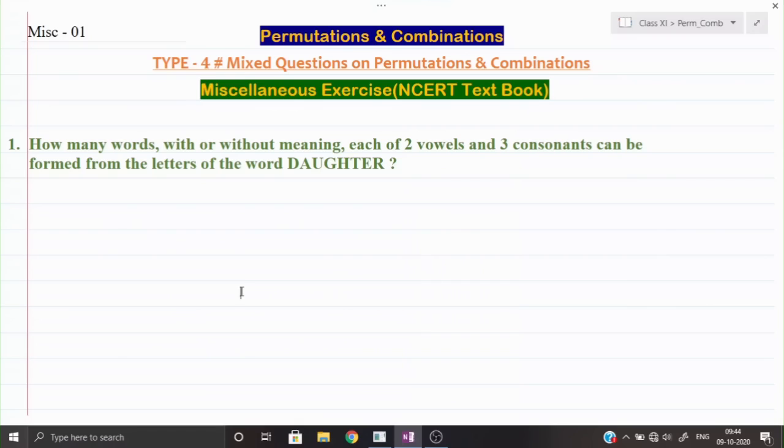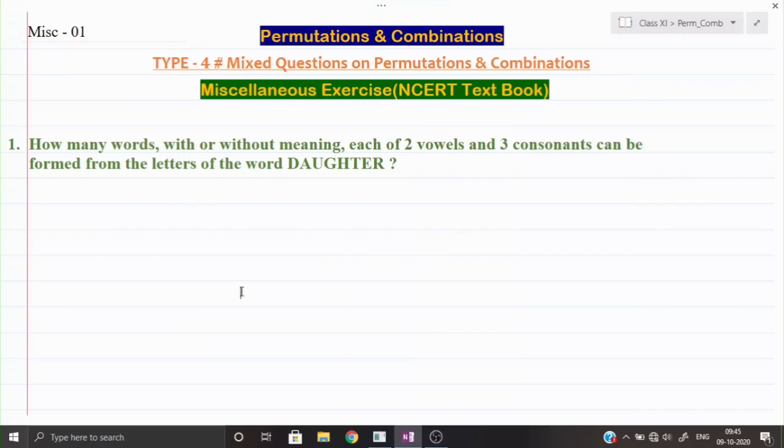One more thing you need to focus on over here. In that word, if the letters are repeating, we will apply the formula factorial n upon factorial p into factorial q into factorial r. I hope you did not forget that formula. We applied it at the last of exercise 7.3.